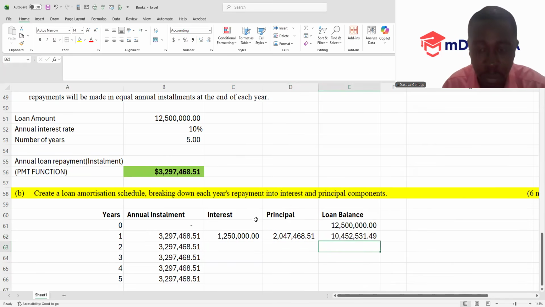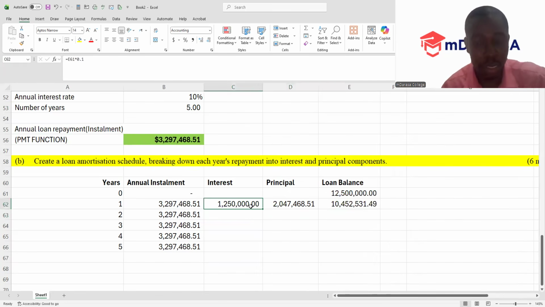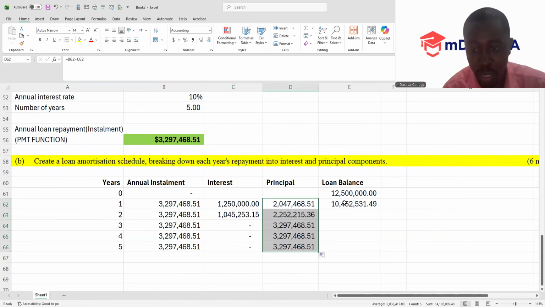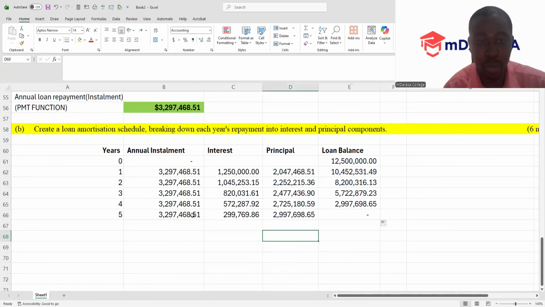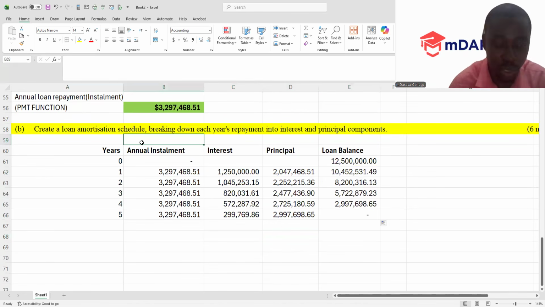Once we have that, the easiest way, as I guided you earlier, is auto-filling. Under interest, that thick cross appearing, double click. We come here, we double click. We come here, we double click. And voila, that is our loan amortization schedule.